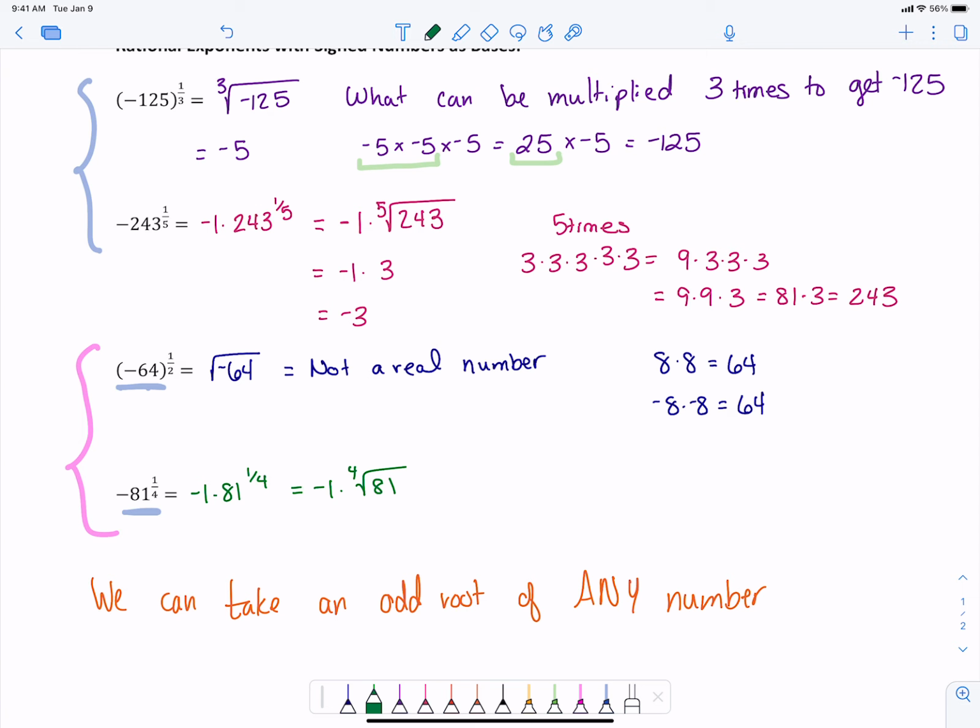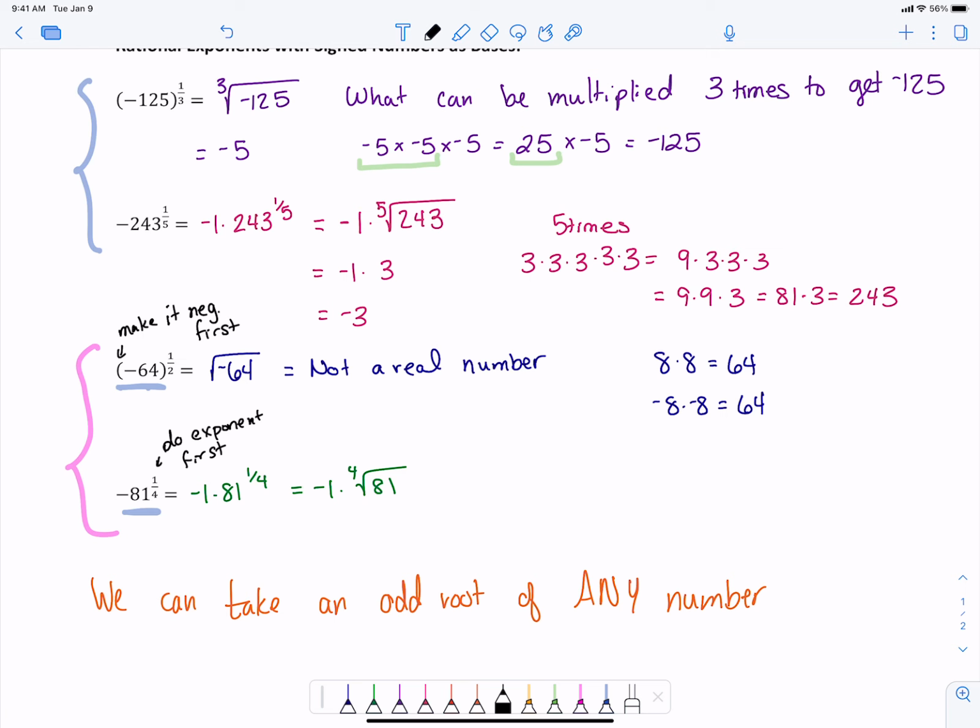When we have it in parentheses, the parentheses tell us to make it negative first, and then do our exponent. When we don't have parentheses, it says do the exponent first. That's the whole difference between these two.